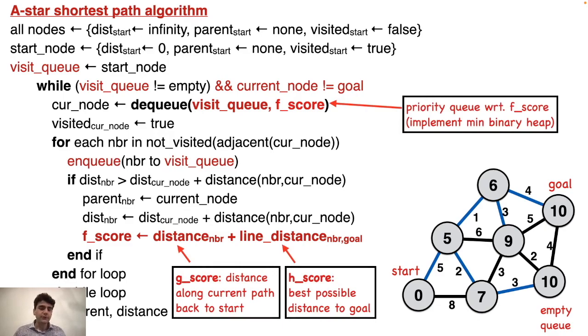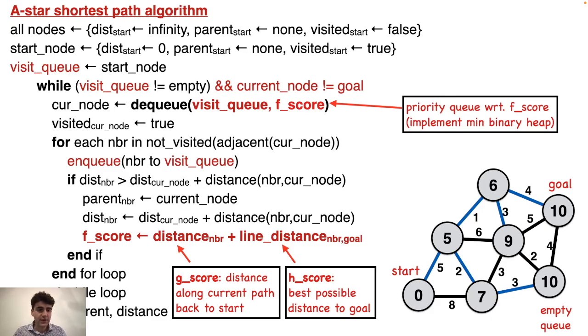The first distinction is with respect to the priority queue. Instead of the priority queue considering the minimum distance traveled thus far within the search graph, the nodes within the visit queue are prioritized with respect to this F score.